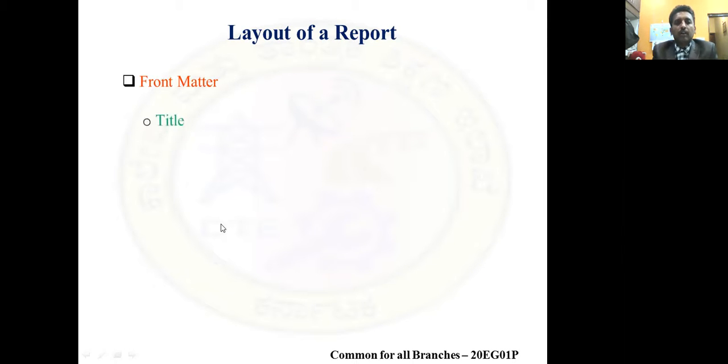First one, a title. A title is very important in a report, which acts as a topic line. The title of a report should be clear in its wording. It must say exactly what the report is about.